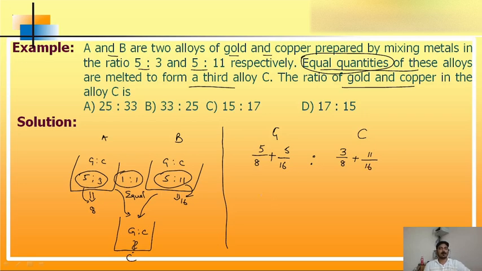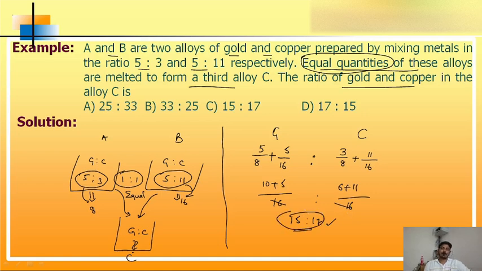Now if we take the LCM as 16 on both sides, it will be 10 plus 5 and 6 plus 11, and the 16 and 16 get cancelled, so it will be a 15 to 17 ratio.